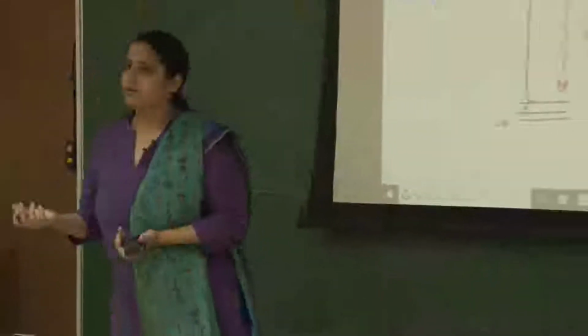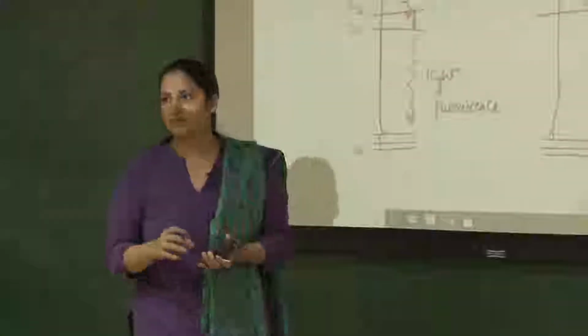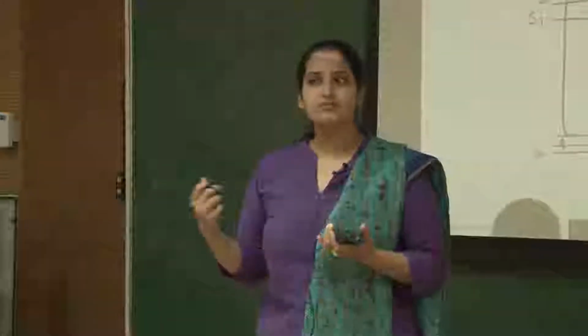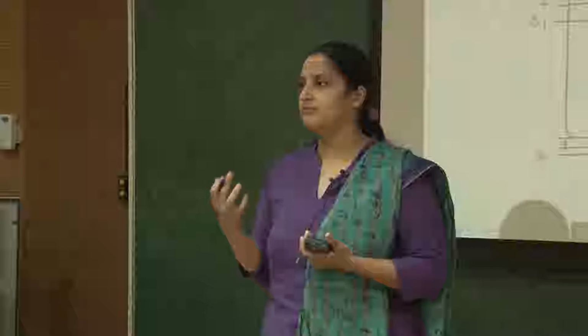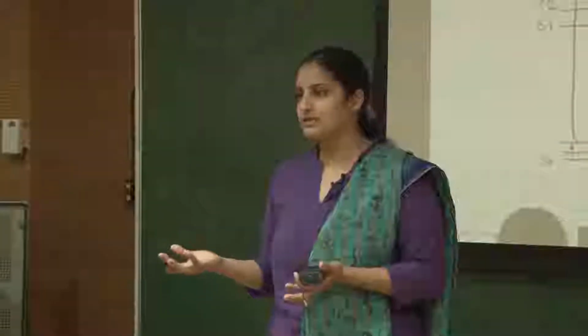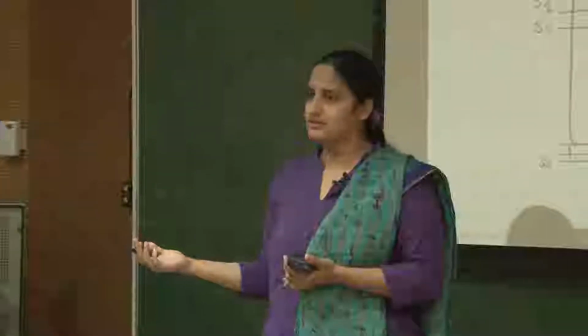So, today what we are going to do in lab is we are going to produce a molecule called fluorescein. Okay. Now, fluorescein is one of the most abundant molecules used for the purpose of exhibiting fluorescence, right.